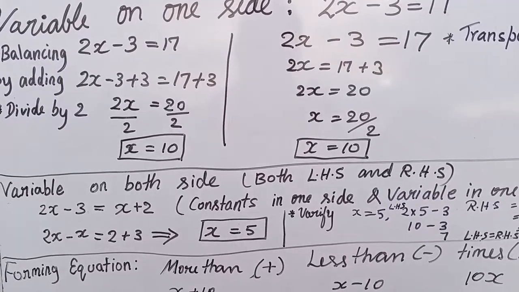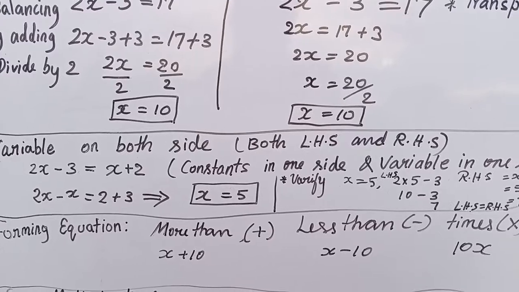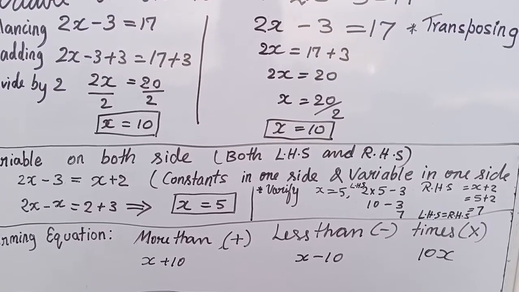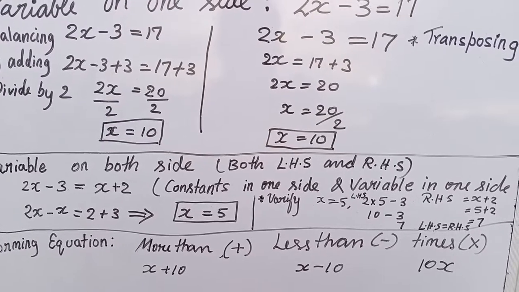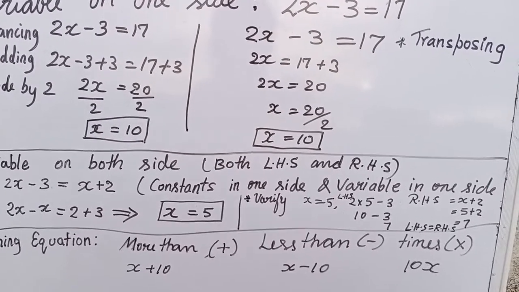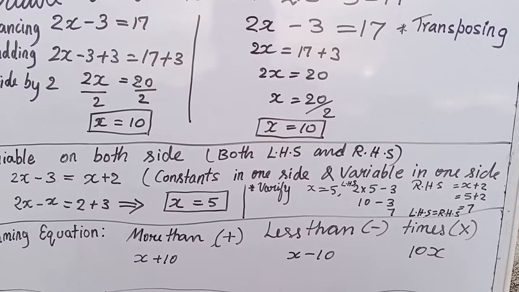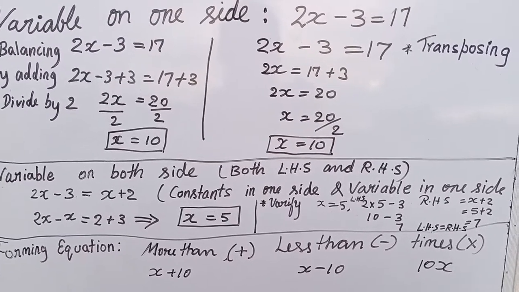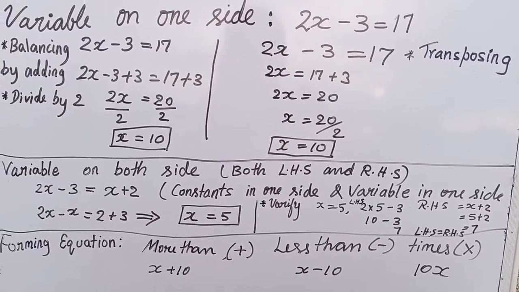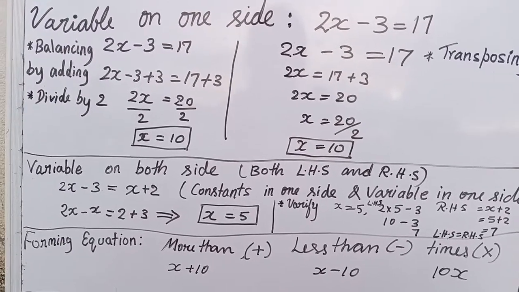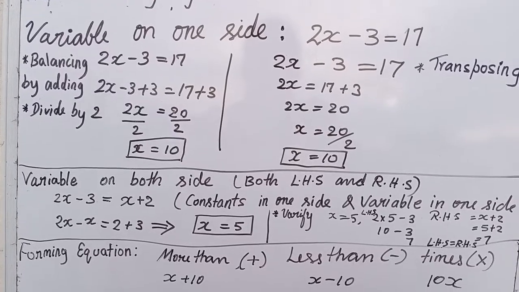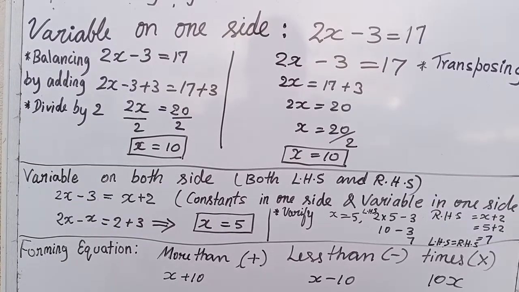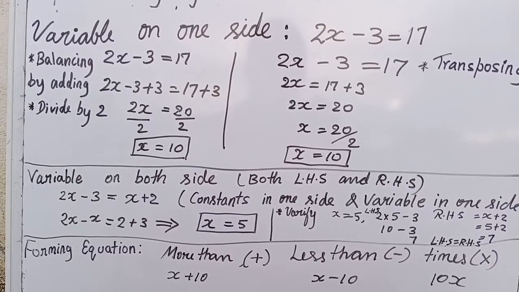There is another case where we have to form the equation. Here, when we have to form the equation, the words play a very important role. Here, more than, less than, times. More than indicates plus, less than indicates minus, times indicates multiplication. More than, increasing, total, sum, altogether: these all words indicate addition.